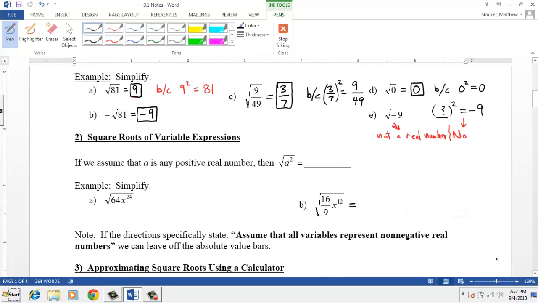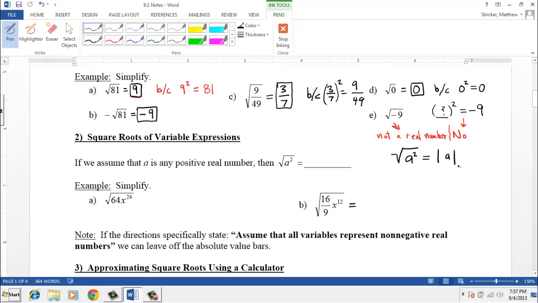Okay, now let's move on to talk about square roots when we have variables involved. Strictly speaking, the square root of a squared would actually be the absolute value of a.